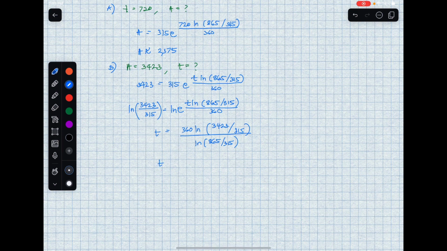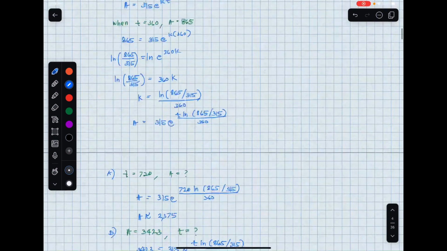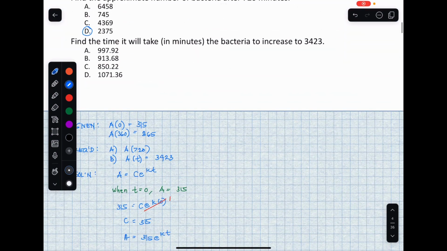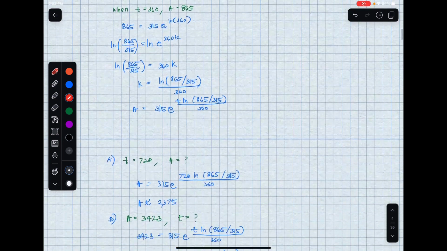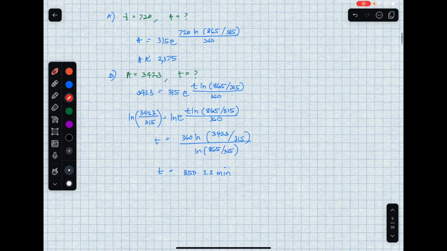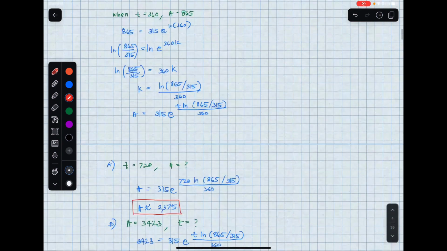The time is equal to 850.22 minutes, which is letter B. So this would be our final answer.